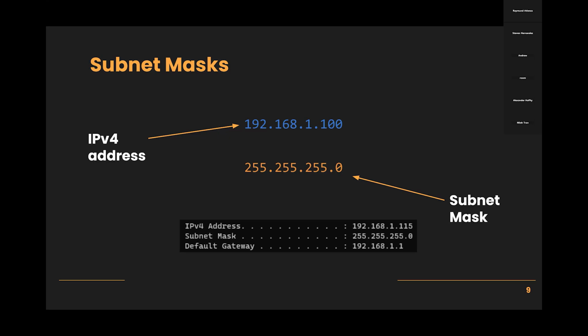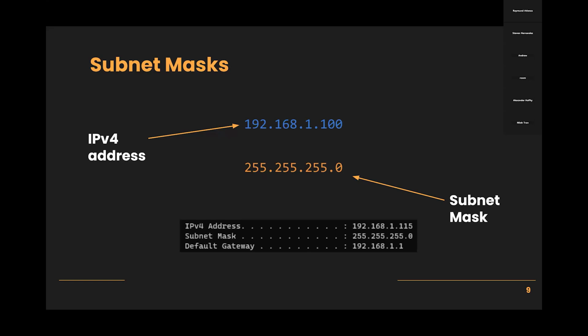In this example, your IP address is 192.168.1.100. The subnet mask is 255.255.255.0. And because the first three octets have the highest possible number that you can have, that means 192.168.1 is your network ID, and the host is the .100.